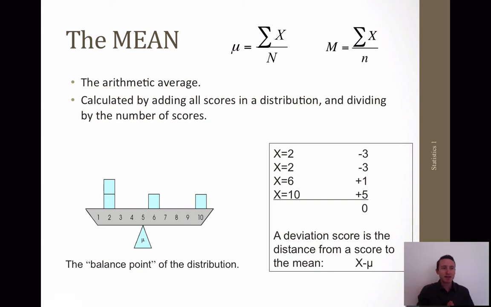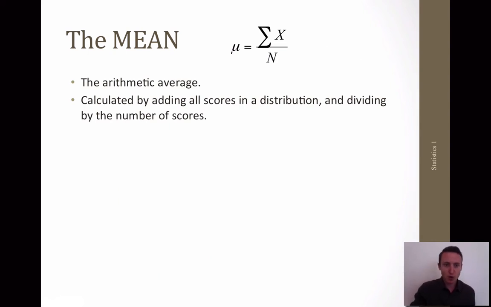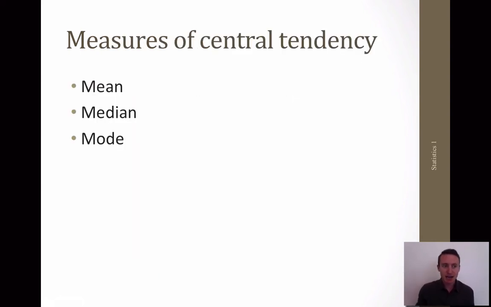All right, let's talk about the advantages versus the disadvantages of the mean. Importantly, throughout this semester, we use the mean a lot, and we rarely use the median and the mode. The basic reason for that is inferential statistics require the mean and not the median and the mode.